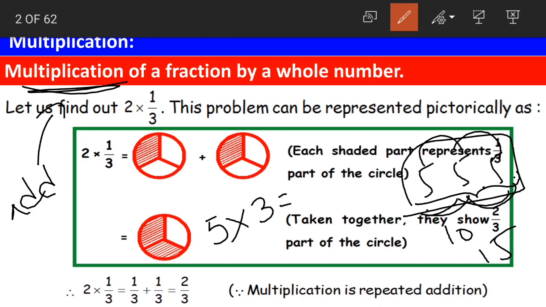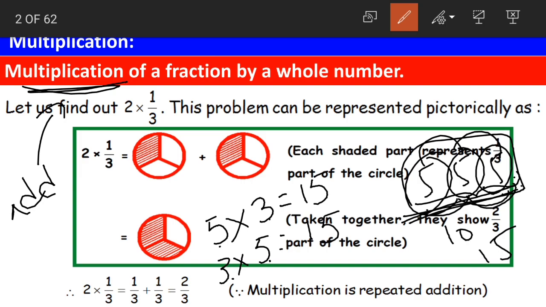So 3 5s are 15. We have 3 5s, and they become 15. Students, instead of adding it 3 times, we simply multiplied 3 with 5. So multiplication is nothing but repeated addition.